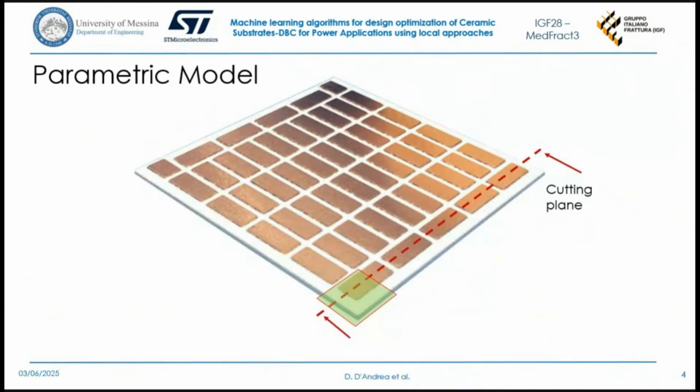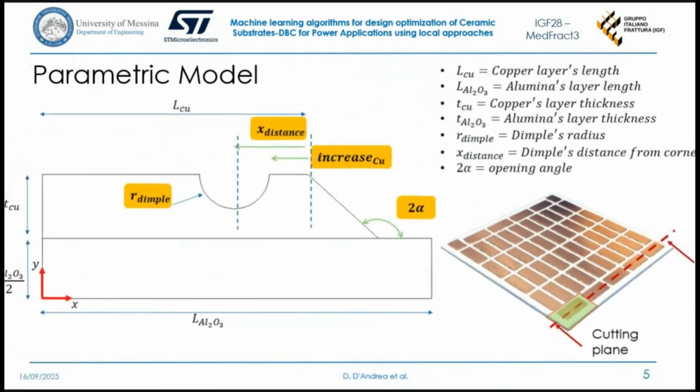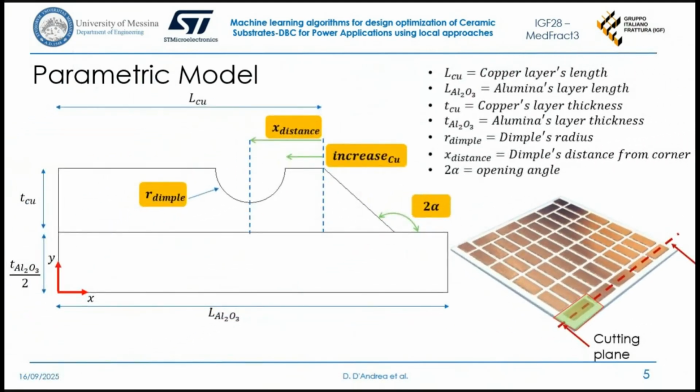But the first step was to create a parametric model. For clarity, the cutting plane of the area of interest is reported, and the area of interest is highlighted in green. And we investigated the dimple position and dimension together with the notch opening angle by making them vary with two different approaches.